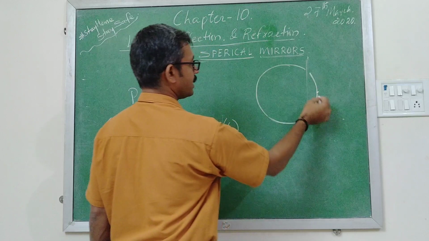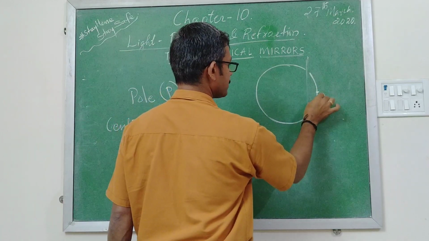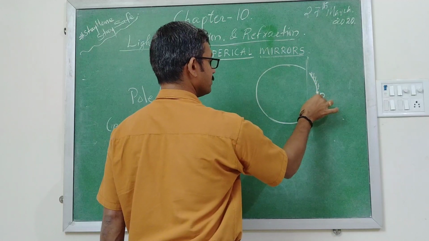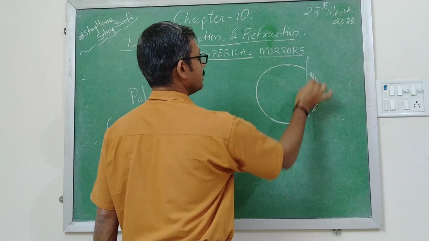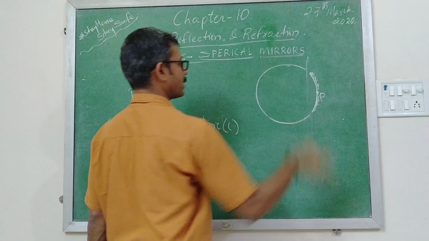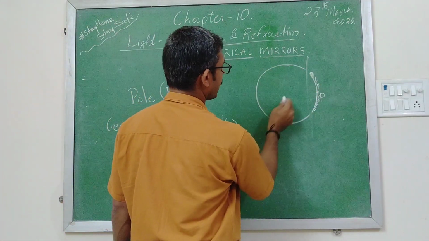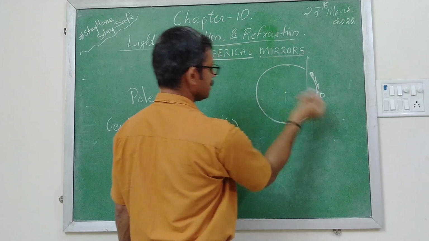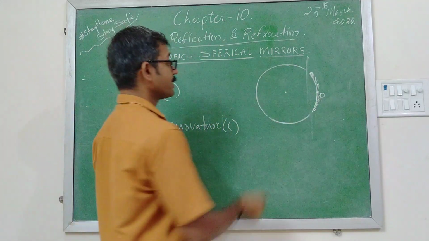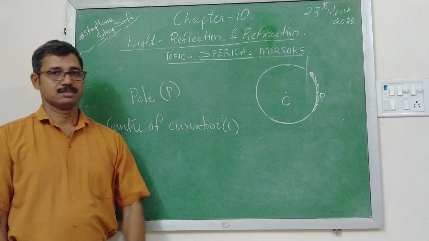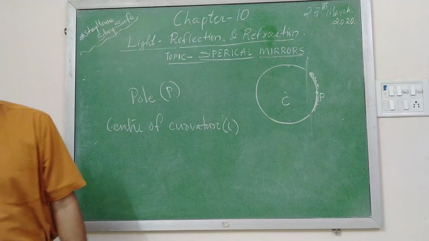Here the center of that part is called the pole. Now suppose we are making a concave mirror, so we coat the outer part. This sphere has a center, and that center is called the center of curvature. I hope you understand it.